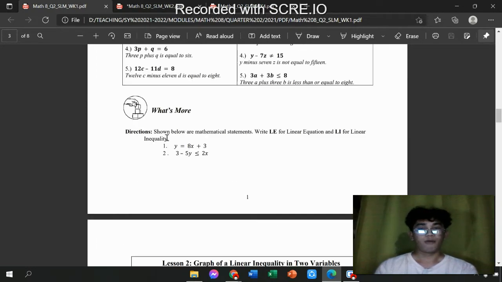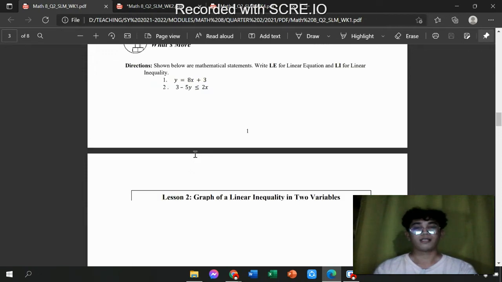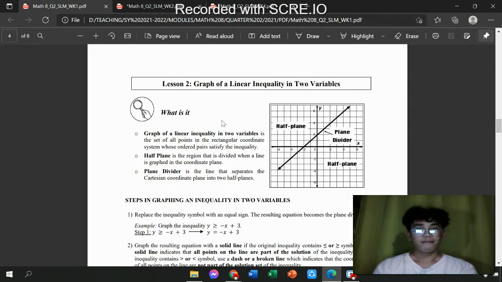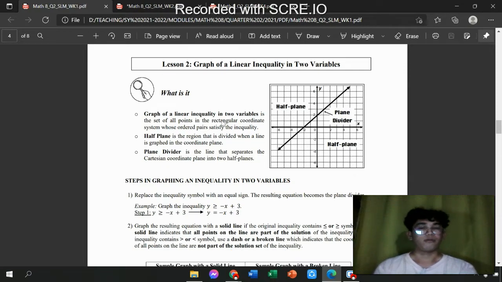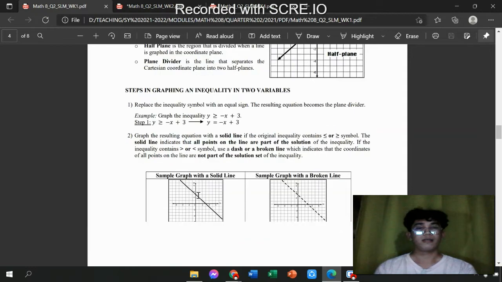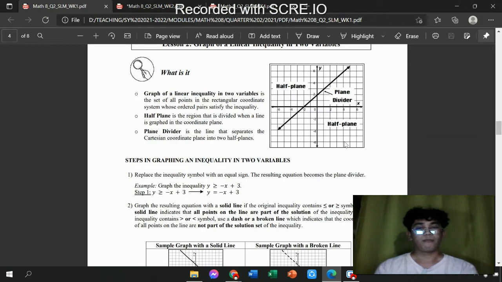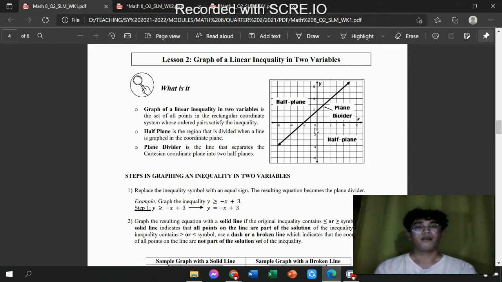Then nag-answer mo sa what's more, whether these mathematical statements are linear equation and linear inequalities, and graph of a linear inequality in two variables. So kabo na mo unsaon pag graph, kabo na mo sa steps. So again, these are the parts of the graph of a linear inequality, natay half plane, and the plane divider.